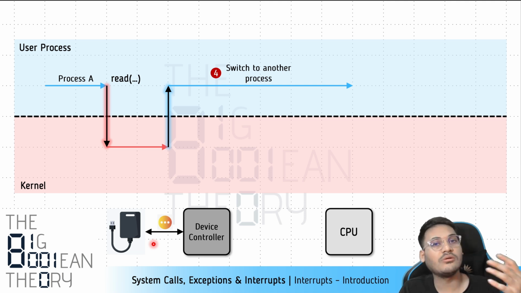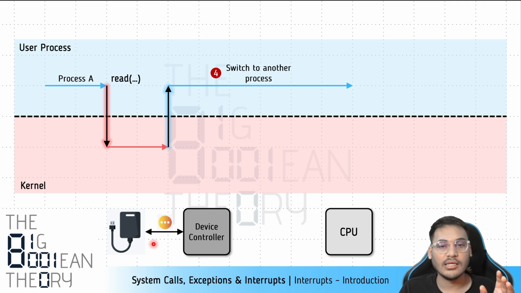The speed of modern hard disks is in the order of a few milliseconds, right? But the problem here is that these few milliseconds are way too much from the perspective of the CPU. The speed of the CPU is much higher than that of IO devices. In this span of a few milliseconds, the CPU is capable of executing hundreds and thousands of instructions, right?